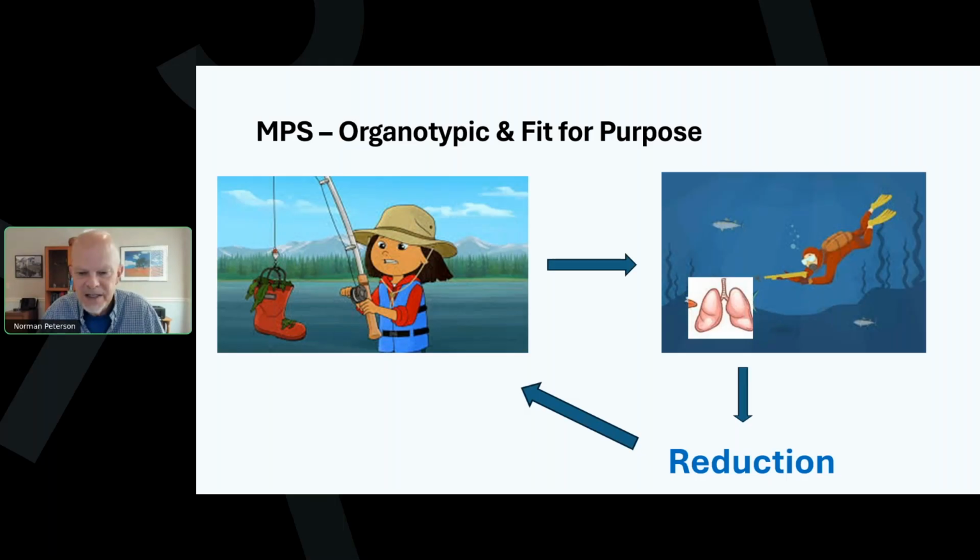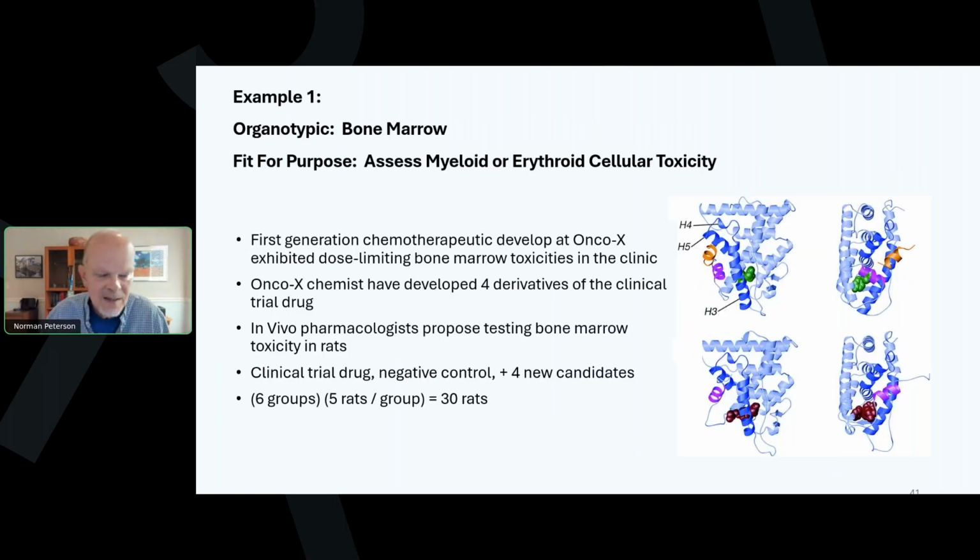It's more of a targeted approach for a specific organ as opposed to the fishing expedition. And once we use these chips, we can actually reduce animal use. However, sometimes that even may need to feed back into the toxicology studies as well. So I'm going to provide some examples of this to hopefully provide some clarity on this diagram.